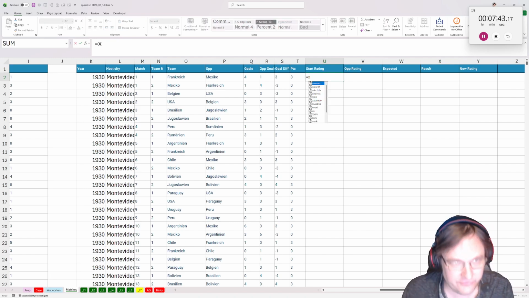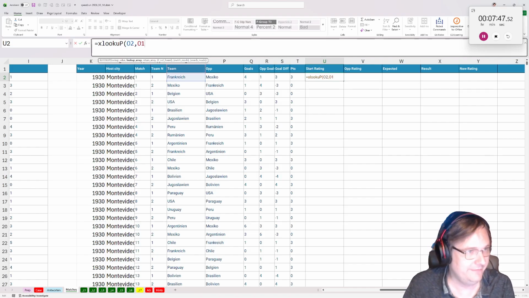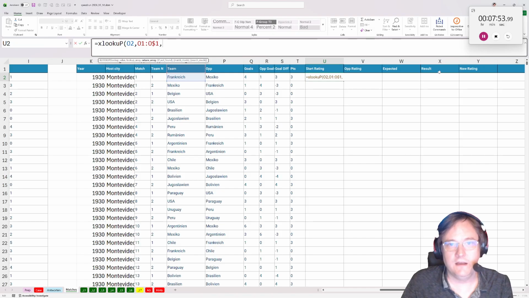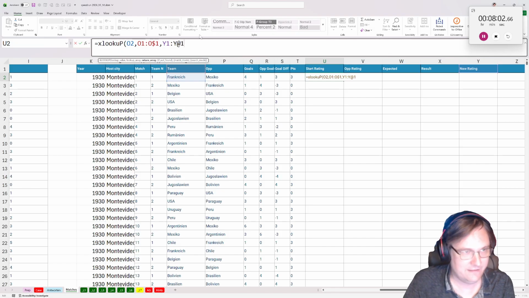All right, so the start rating is XLOOKUP the team's name on all the previous team's names, which is $1 like that. Looking up on the new ratings, right? All the previous new ratings, which is, you know, $1 to not $1.